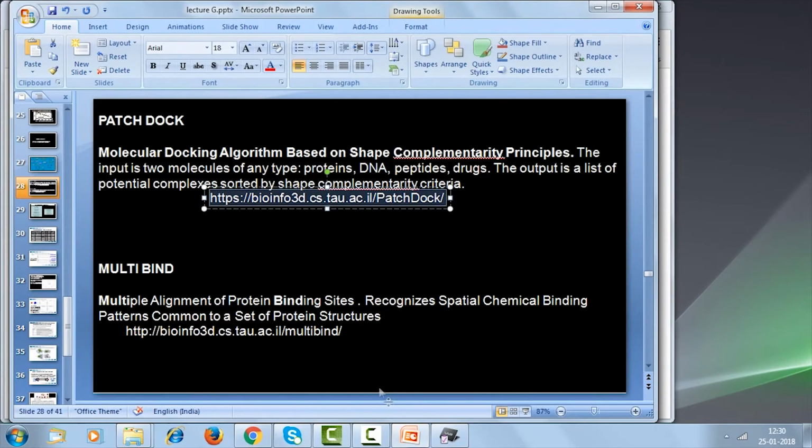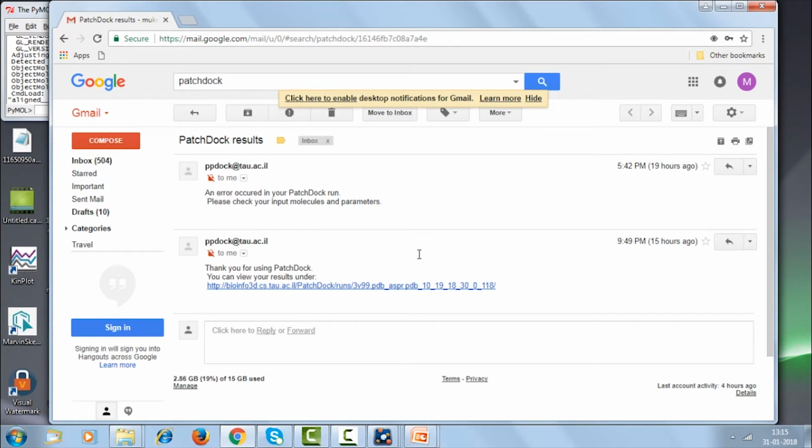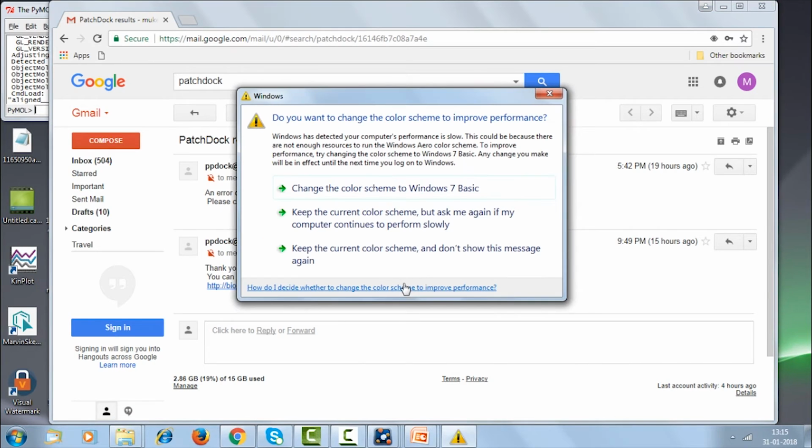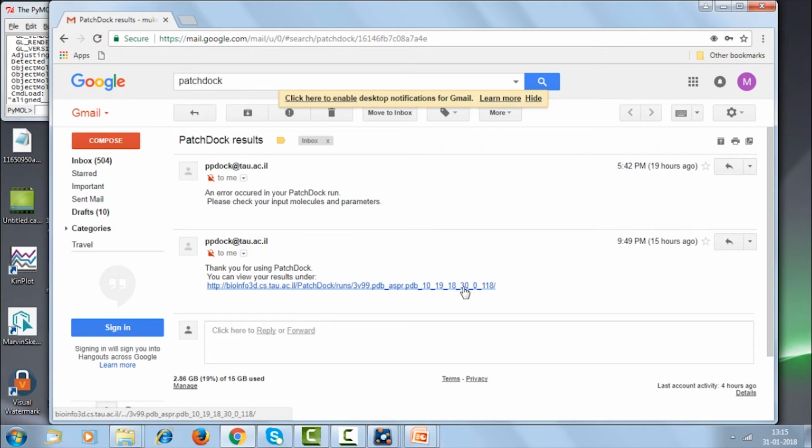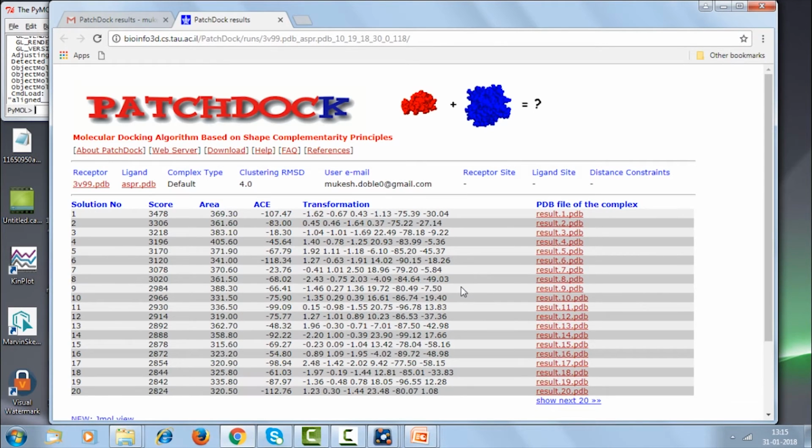The results of PatchDock, which is software that compares the structural features of the ligand and the protein, that means basically whether it has concave regions and convex regions, and whether they have complementary regions, and predicts whether the ligand will bind to that protein. The results again come to your email.